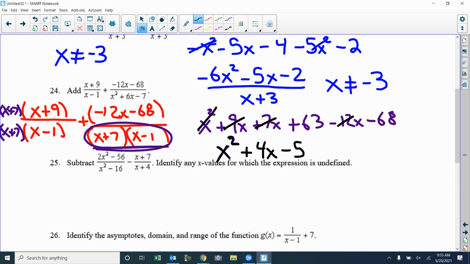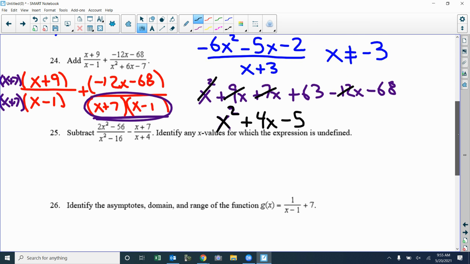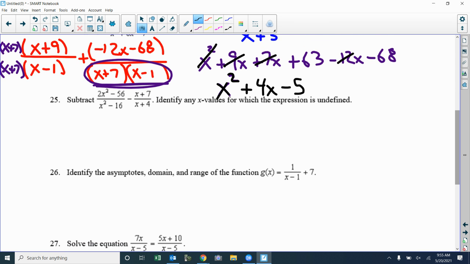Last one for today, 25. Last one. Again, subtraction. 2x squared minus 56. The bottom is the difference of perfect squares.